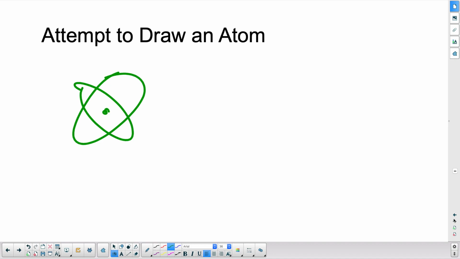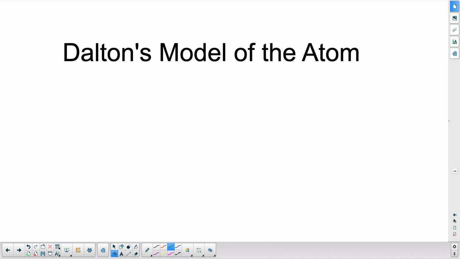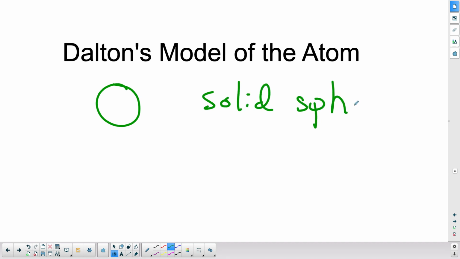But that is not John Dalton's model of the atom. John Dalton's model of the atom was this. Because he didn't have a nucleus or electrons. John Dalton's model of the atom was a solid sphere. Bloop.